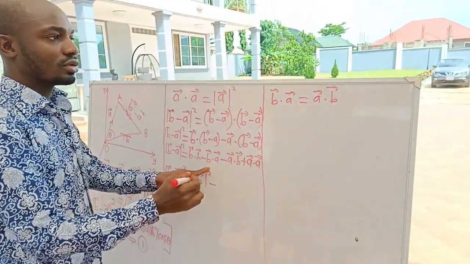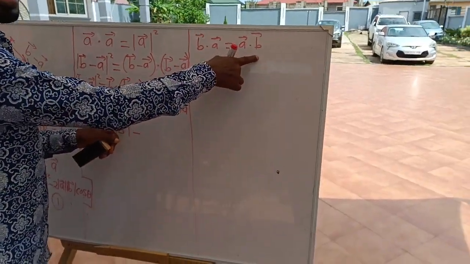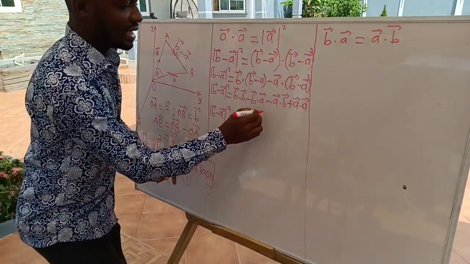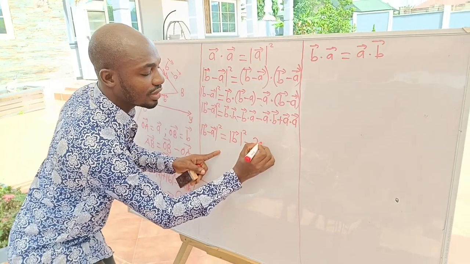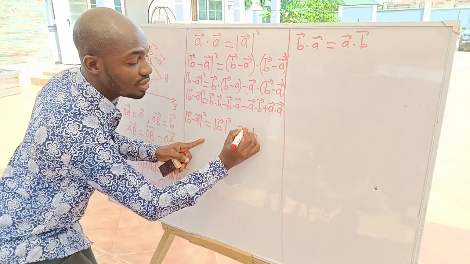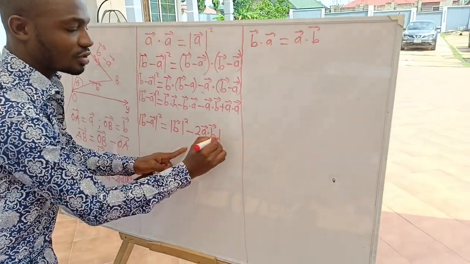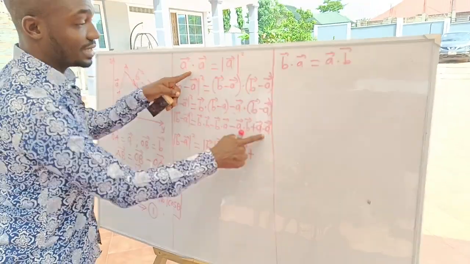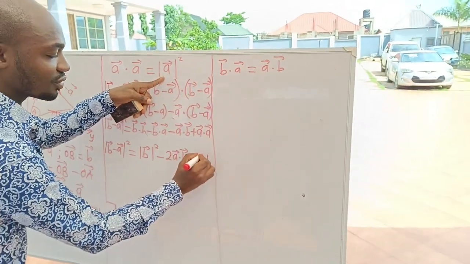So b dot a is equal to a dot b, in terms of vectors. And so this is exactly the same thing, and so we have twice the dot product of a with b. And of course, based on this property, we can write a dot a, and so we still have the magnitude of a squared.